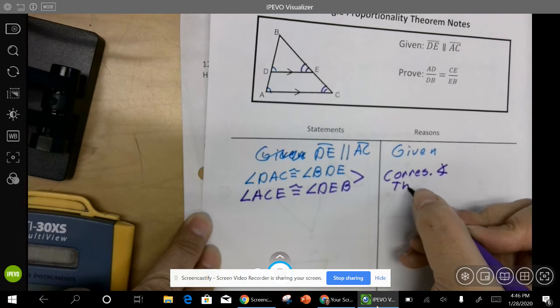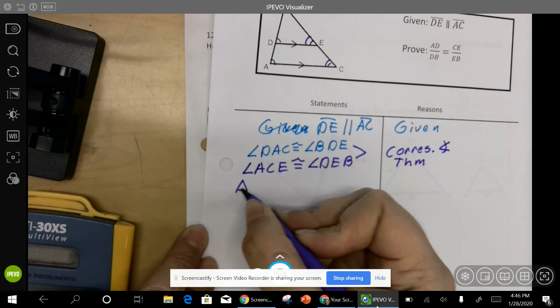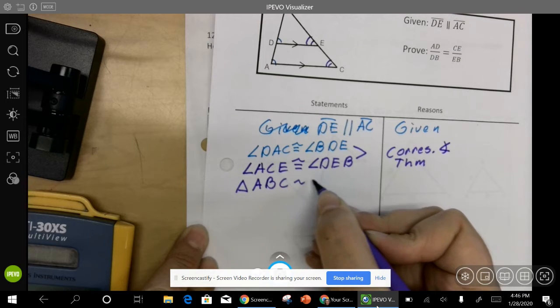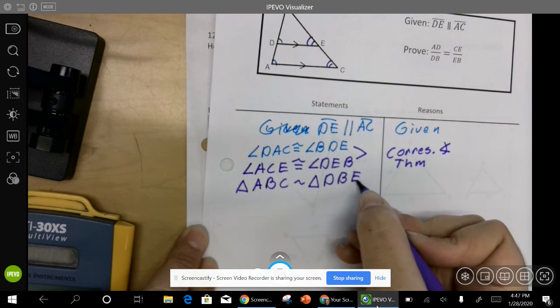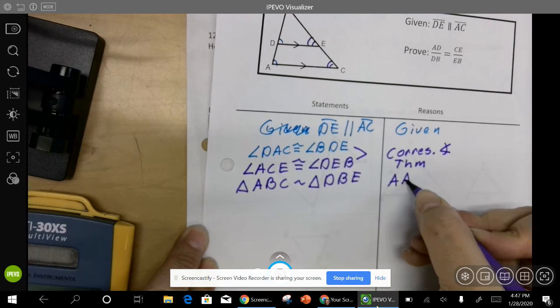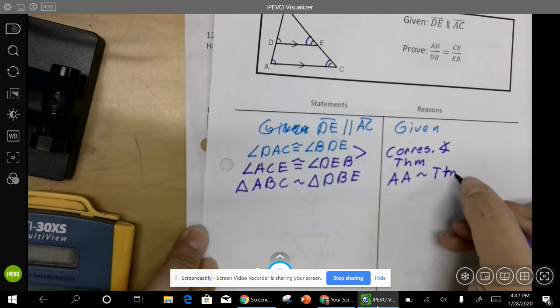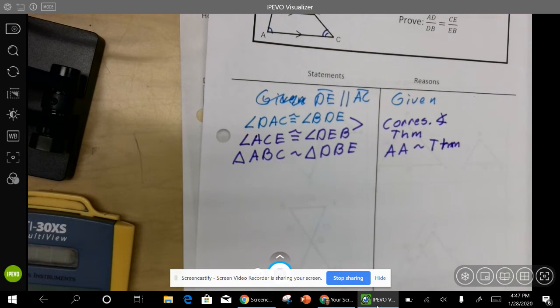Same side, skip one, everybody. Those corresponding angles are congruent. So that means that the triangles are similar. So triangle ABC is similar to triangle DBE by our angle similarity theorem. So we proved that two angles were congruent.